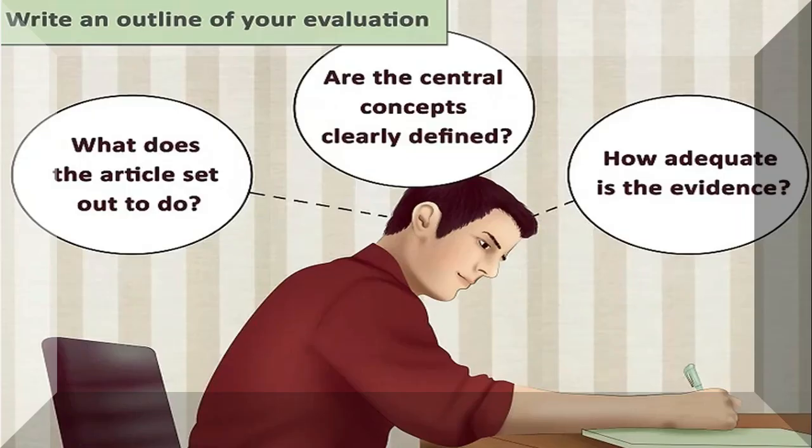While you are formulating the concepts of your own research, you must know what the article sets out to do, whether the central concepts are clearly defined, and how adequate the evidence is.